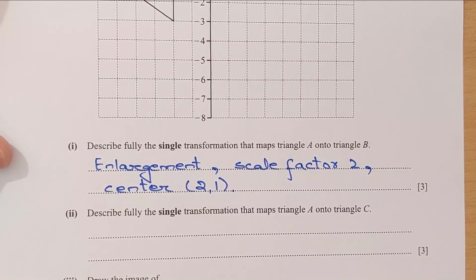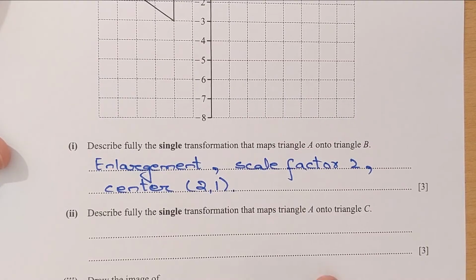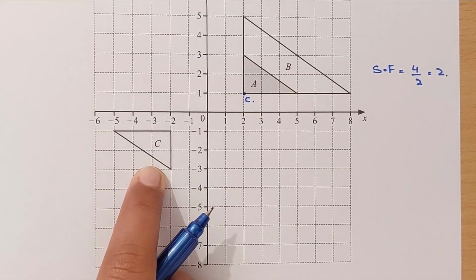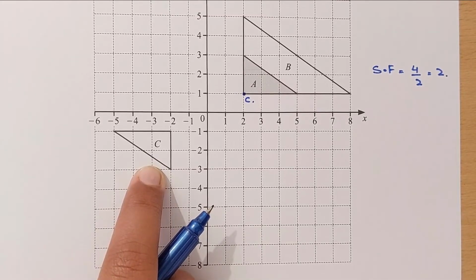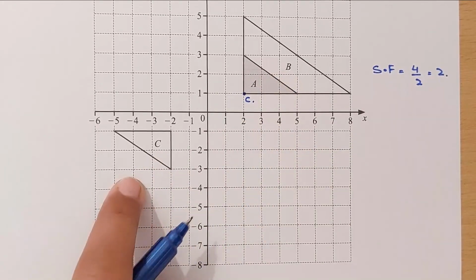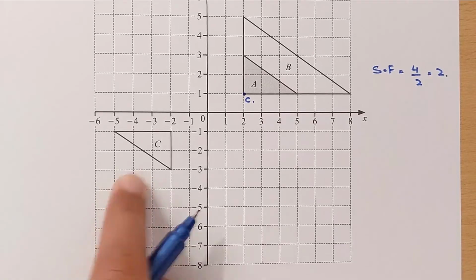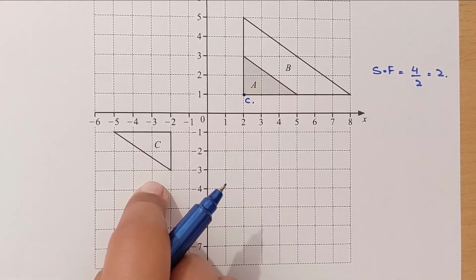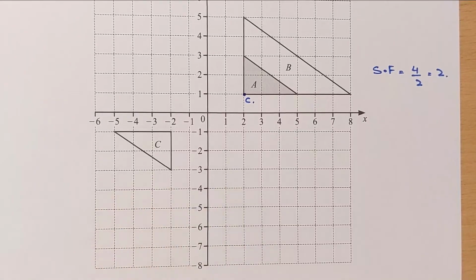Now for the second part, describe fully the single transformation that maps triangle A onto triangle C. Okay, so A and C. As you can see, A to C is a rotation, right? And this rotation is clockwise and 180 degrees. And what is the center of rotation?